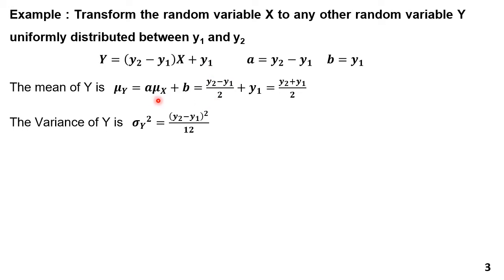Therefore, we have a into mu x is equal to y2 minus y1 by 2 plus y1, that is equal to y2 plus y1 by 2. The variance of y is defined as sigma y square is equal to y2 minus y1 whole square by 12, which we have already derived in the previous video.